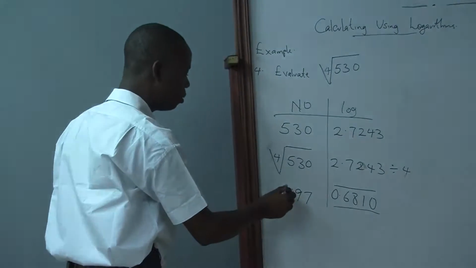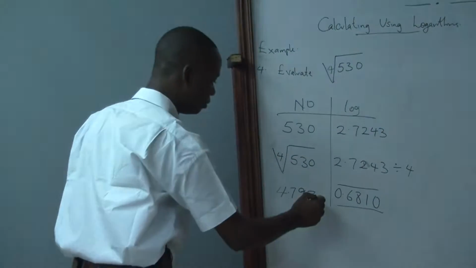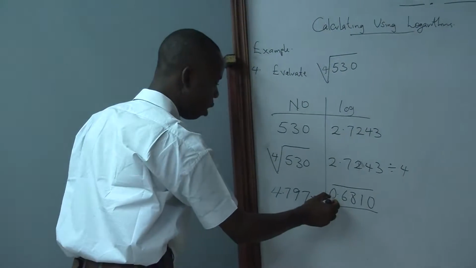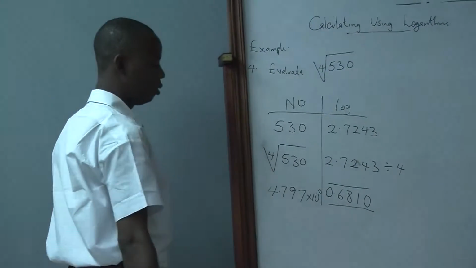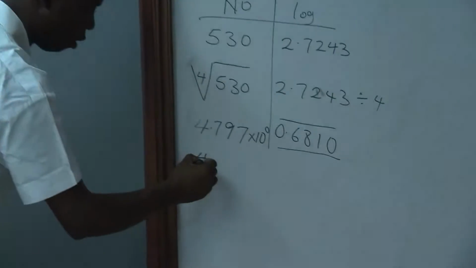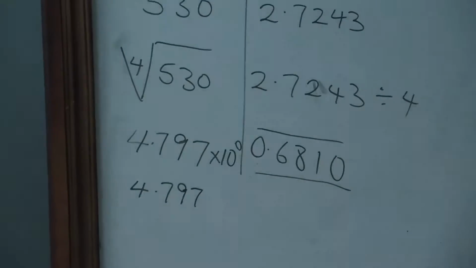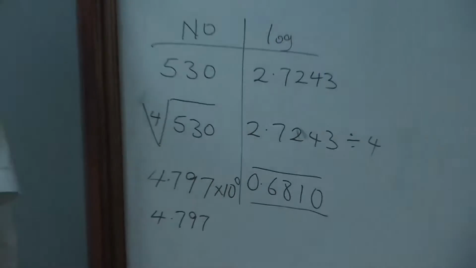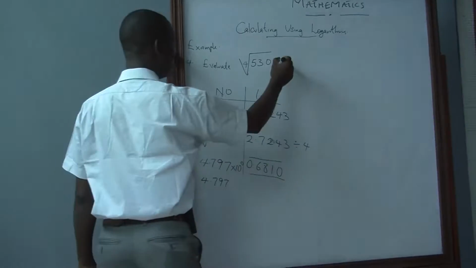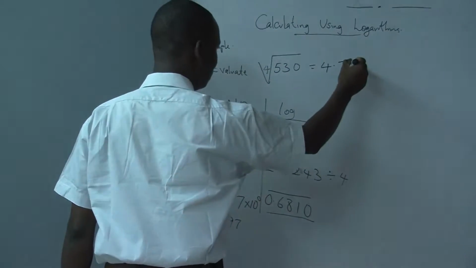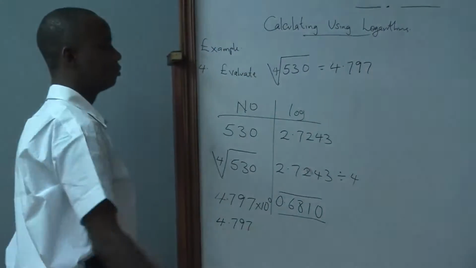That will be 4.797 times 10 raised to the power of 0. And this will be 4.797. So the fourth root of 530 equals 4.797.